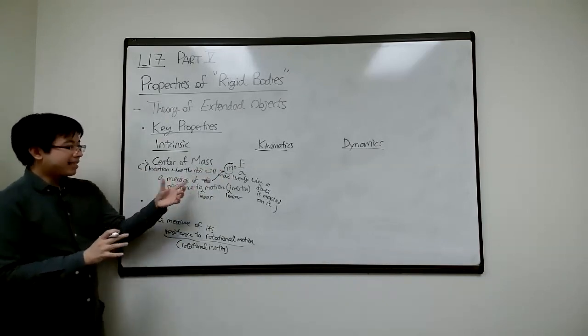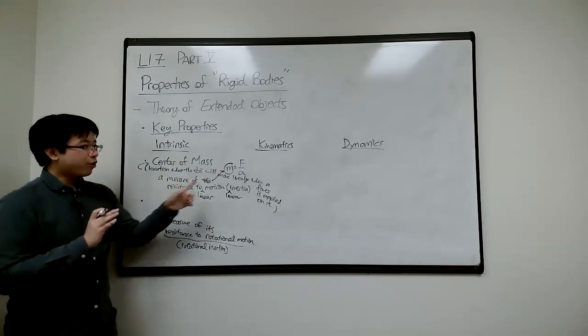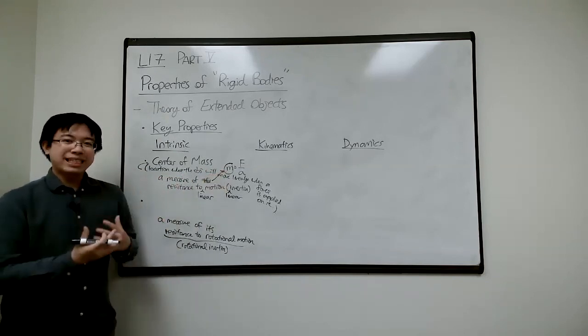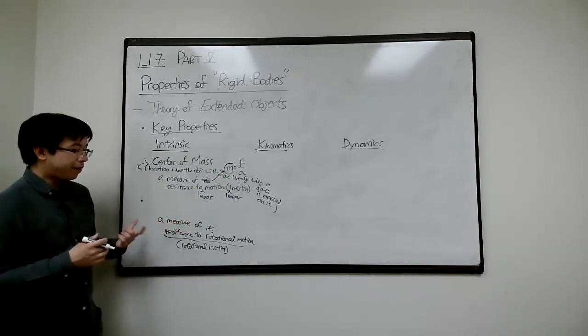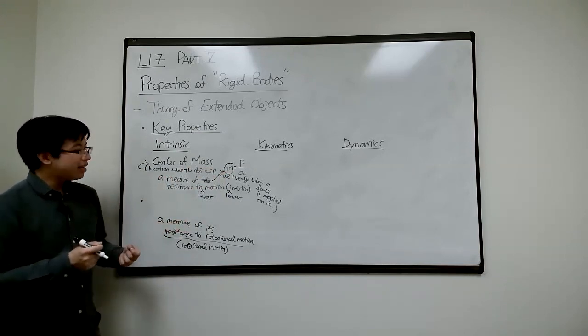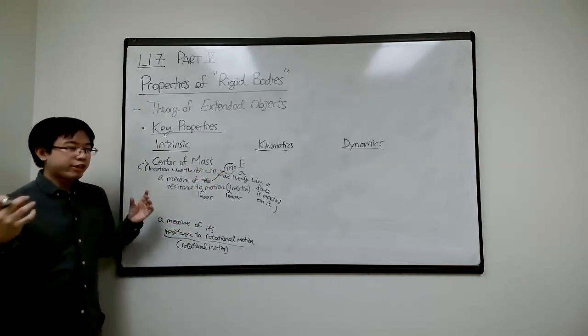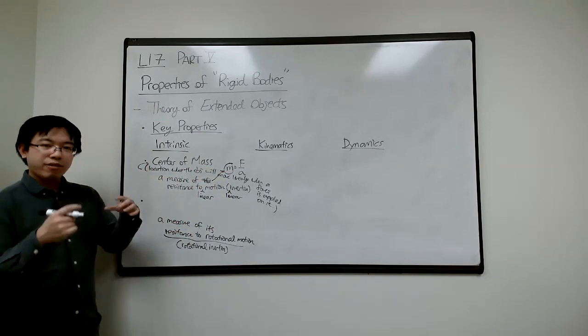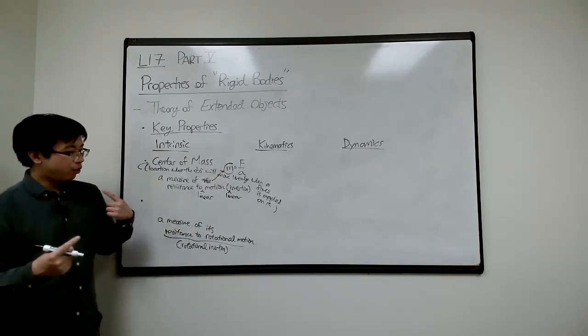Now, mass is a measure of something's linear inertia, and so that's how much it wants to resist linear motion. And we need a new concept to tell me how much it resists rotation. It's not necessarily the same thing, and it depends on the shape, right? The same mass object with the same center of mass but a different shape can rotate differently.